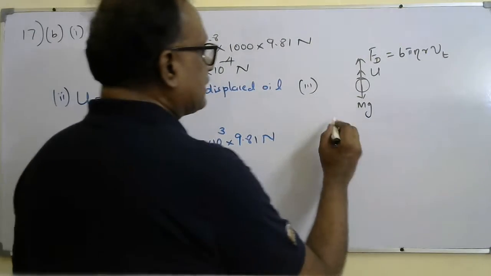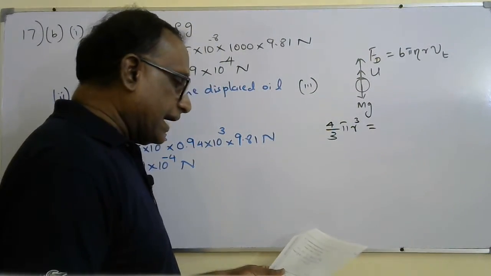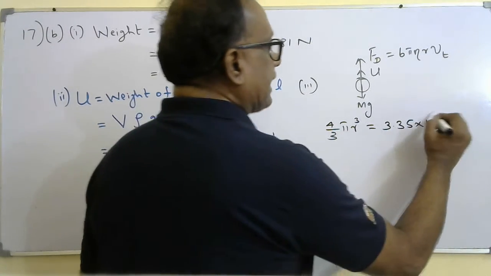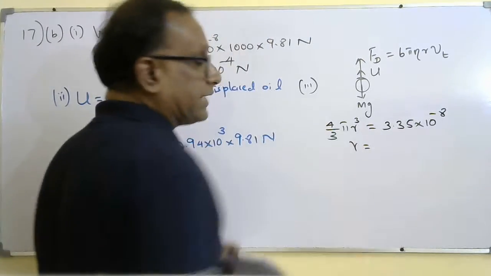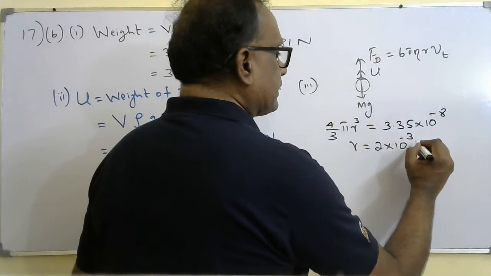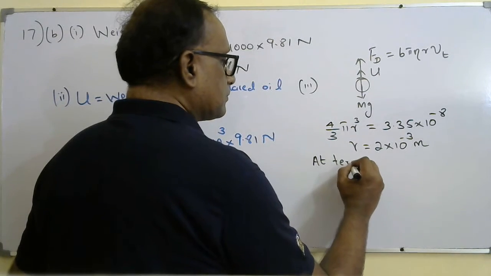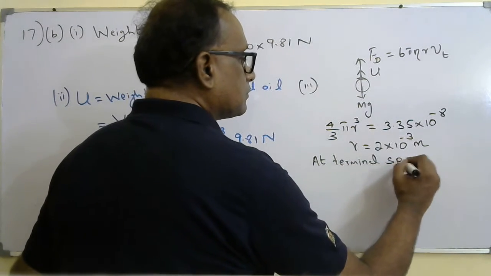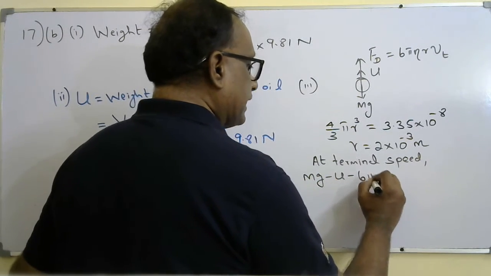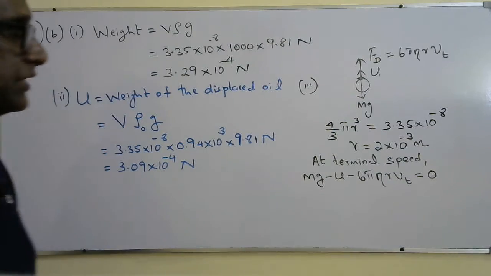We know the volume is 4/3 πr³, which is given as 3.35 × 10^-8. So solve for r and take the cube root. The radius will be 2 × 10^-3 meters. Okay, so at terminal speed, mg − U − 6πηr vt = 0. The resultant force is equal to 0.